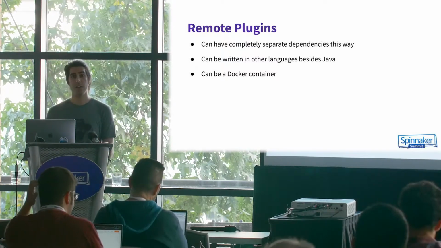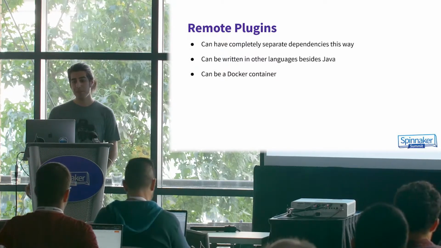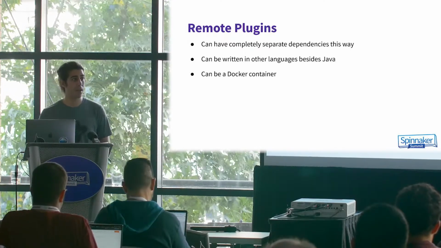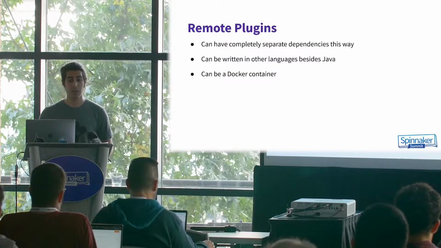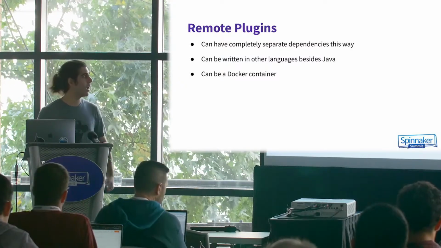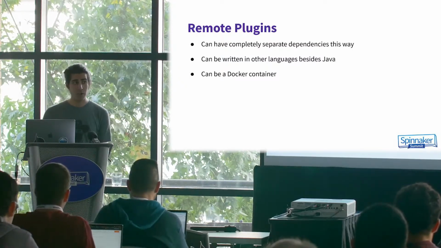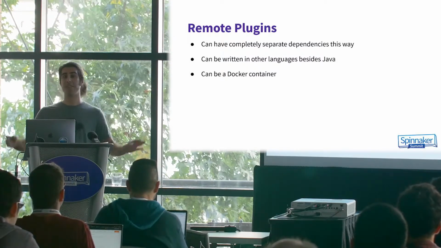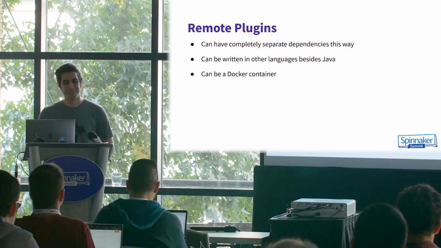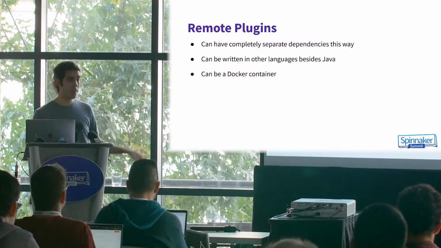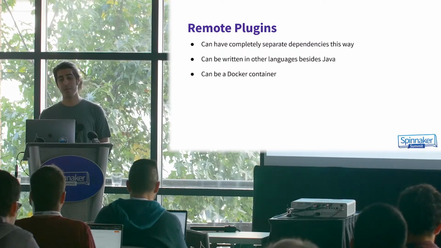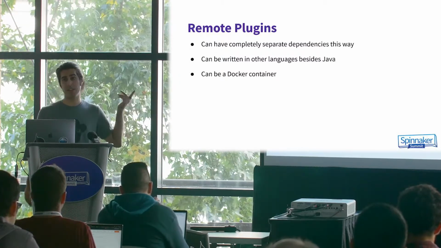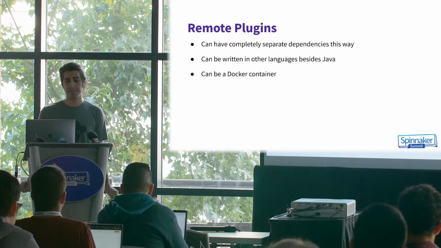Again, it can be written in whatever language you want, with whatever dependencies you need. This really enables non-Java devs to contribute and extend Spinnaker. The language doesn't have to be Java. I know in DevOps there's a lot of Go usage, so that would be a great language to use. But whatever floats your boat. Again, lots of DevOps tooling uses Docker containers, so you can deploy a Docker container that is your service, and that would be essentially the remote piece of this.